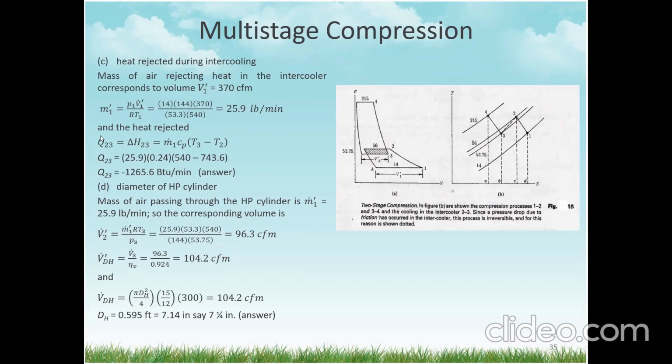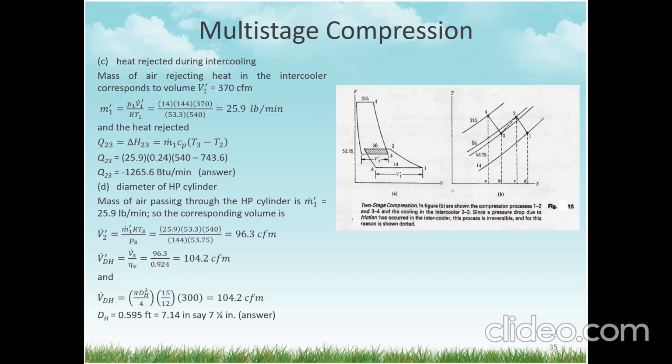And the heat rejected, Q23, is delta H23, constant pressure. So m1 Cp times (T3 minus T2) is 25.9 times 0.24 times (540 minus 743.6). So Q is equal to negative 1265.3 BTU per minute. So this is heat rejected, since it will cool, right?